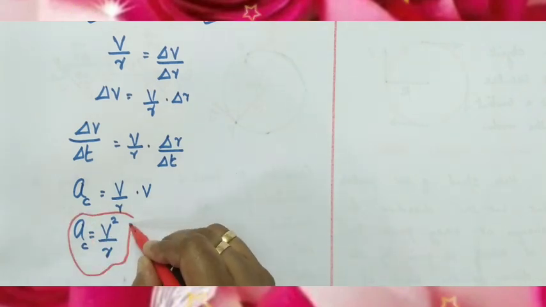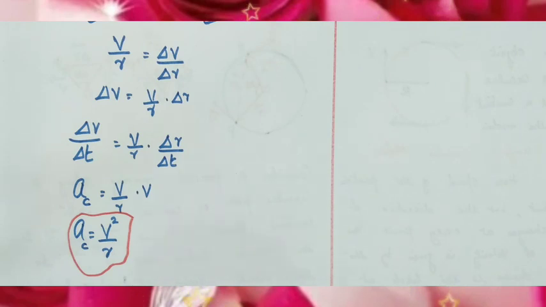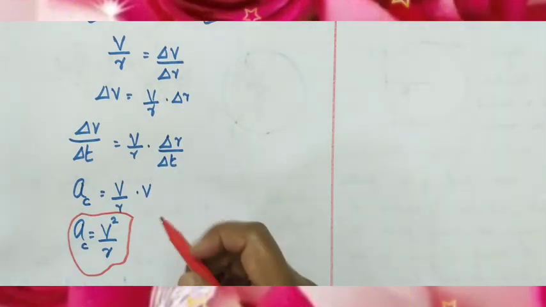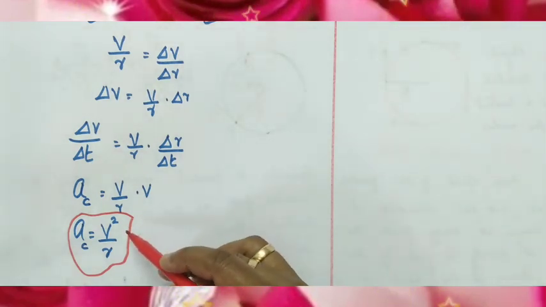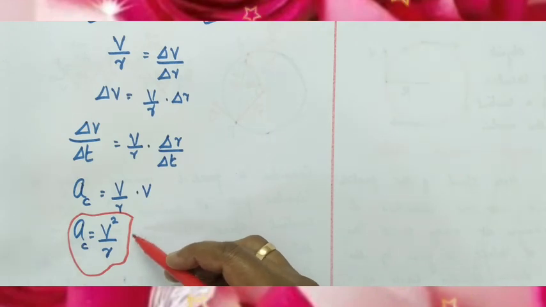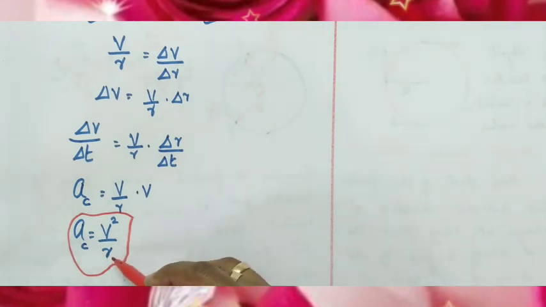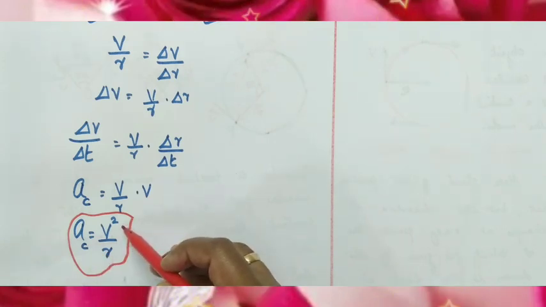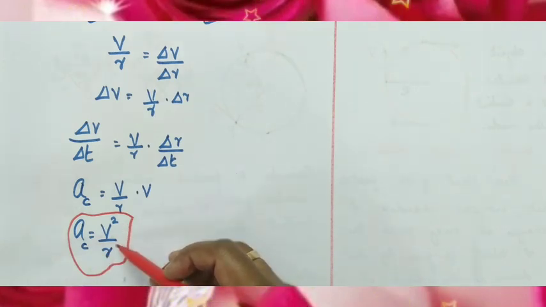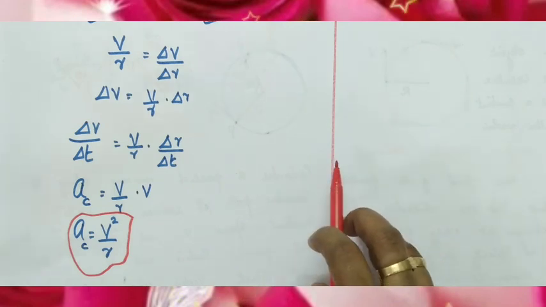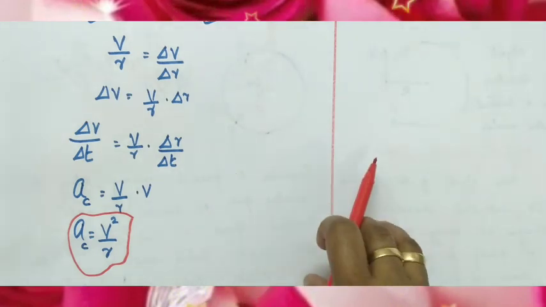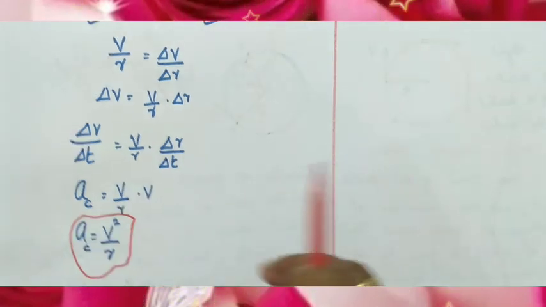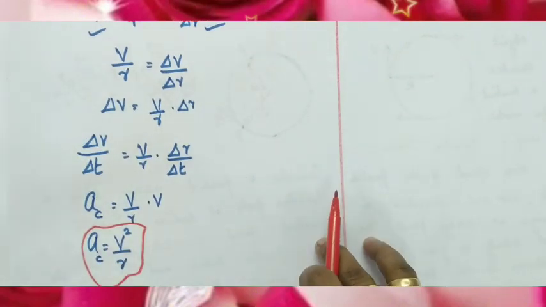Clear children? So the formula for centripetal acceleration is v square divided by r, where v represents the magnitude of velocity, that is speed, and r is the radius of the circular path. So whenever an object is moving in a circular path, the centripetal acceleration is given by v square by r, and what is its direction?